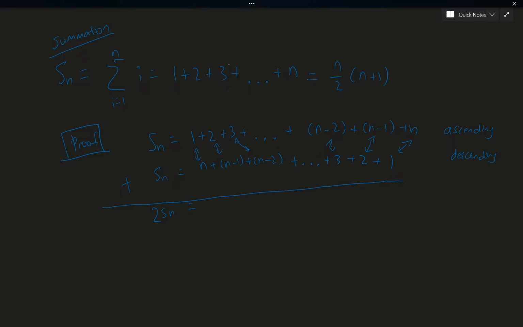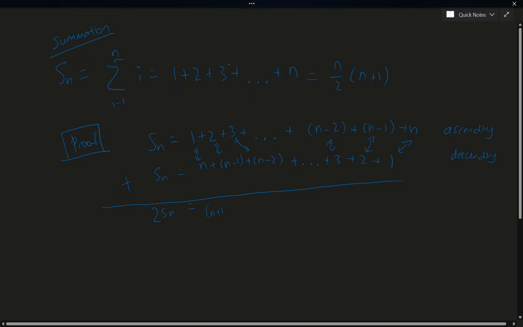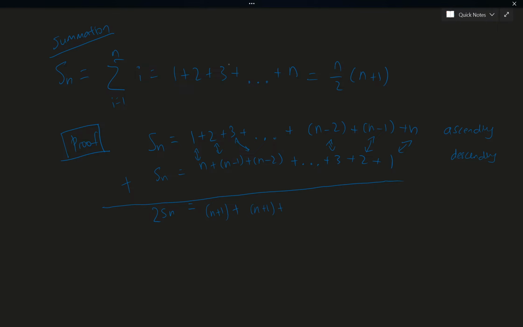First term, n plus 1 equals n plus 1. The second term, n minus 1 plus 2, gives me n plus 1. The third term, n minus 2 plus 3, gives me n plus 1, and so on. Everything gives me n plus 1.